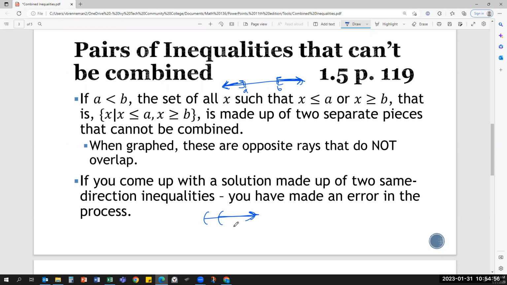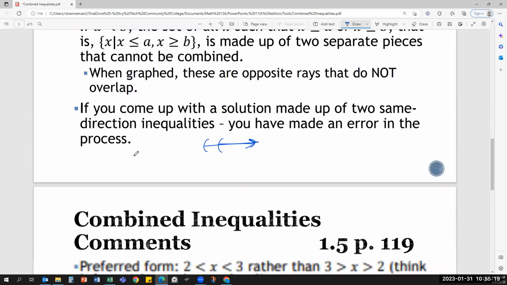One of your inequalities is pointing the wrong direction, but you have to pay attention. You can't just say, well, I'm going to flip one, because depending which one you flip, you either end up with that combined single interval or those two separate pieces. So there will be processes you'll be taught to tell you exactly how to know which direction the inequalities should be and which ones should be switched.